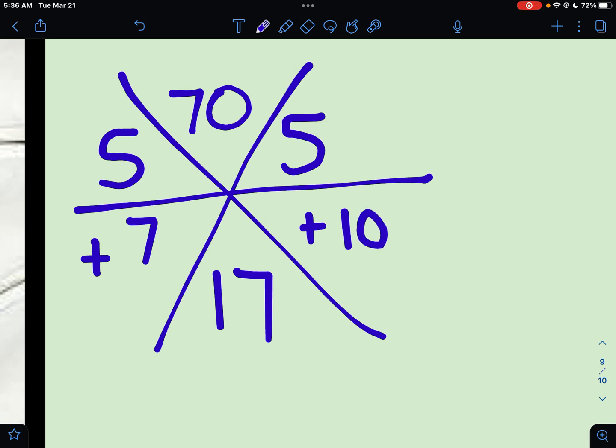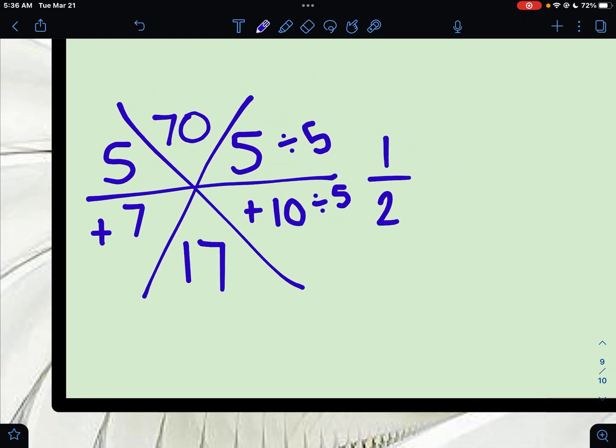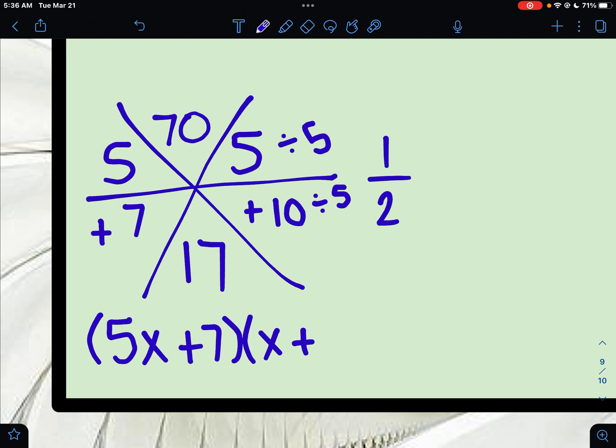Over here, we need to divide by 5, and that gives us 1 over 2. So this makes this 5x plus 7. I'm sorry if we're not using x's. That's just what I wrote. And then x plus 2.